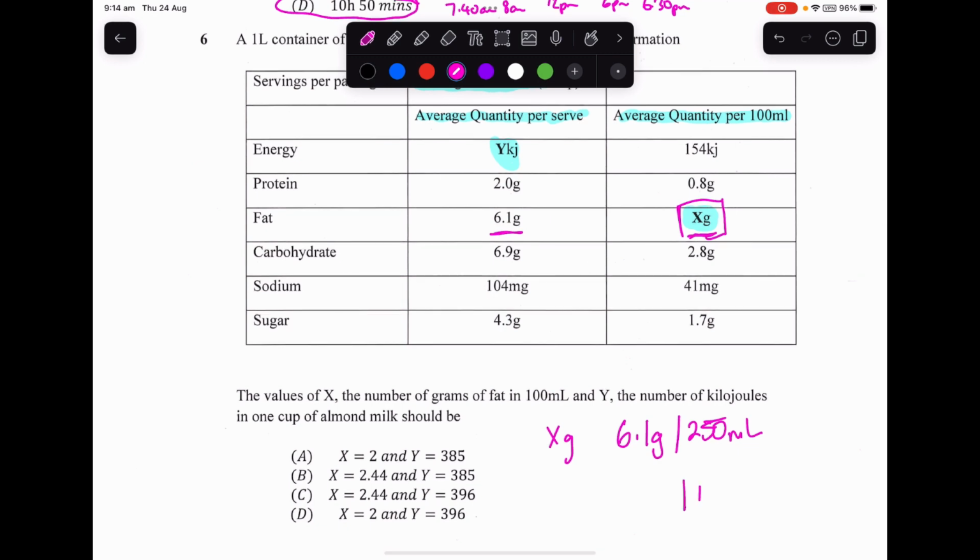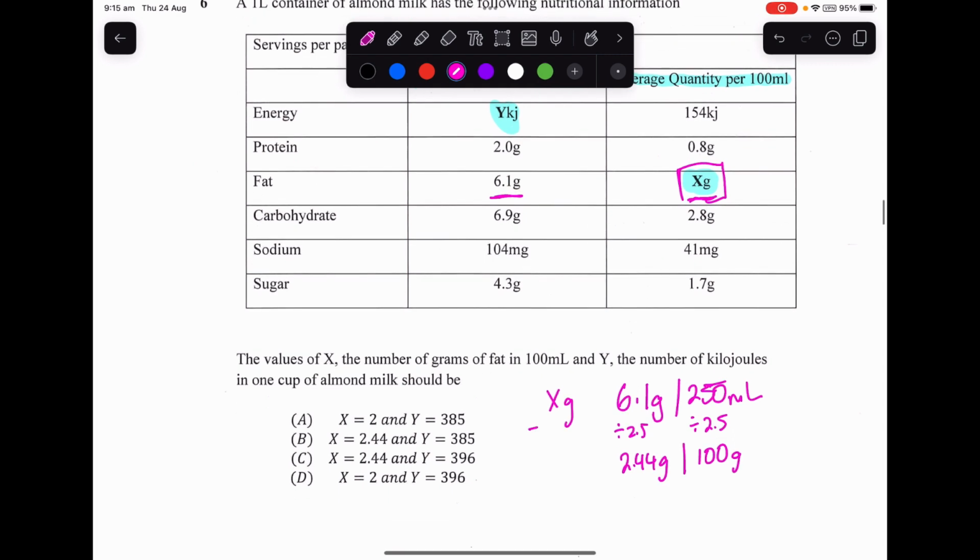So I'm going to divide by 2.5, because 250 divided by 2.5 will give me 100, and I'm going to divide by 2.5 here. So 6.1 divided by 2.5 will give me 2.44 grams. So I'm going to say that X equals 2.44.